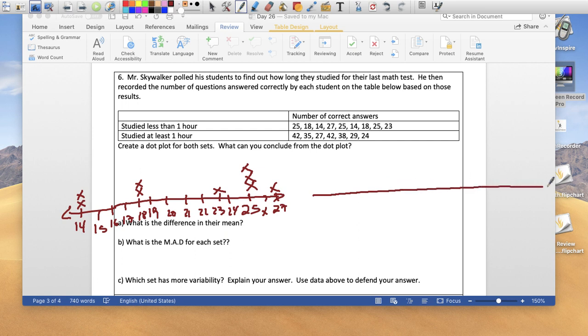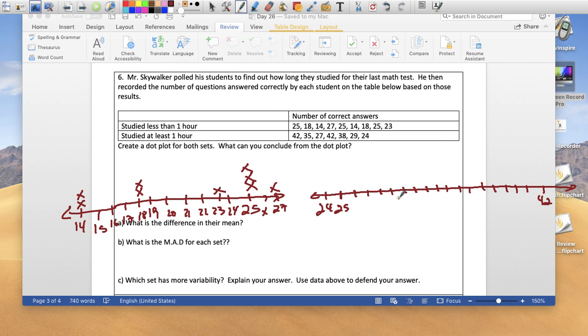I'm going to do another one here. The lowest one here is 24, 25, 26, 27, 28, 29, 30, 31, 32, 33, 34, 35, 36, 37, 38, 39, 40, 41, 42. So this is my highest one.